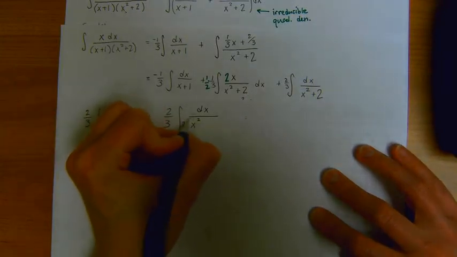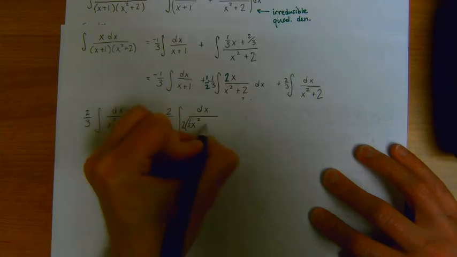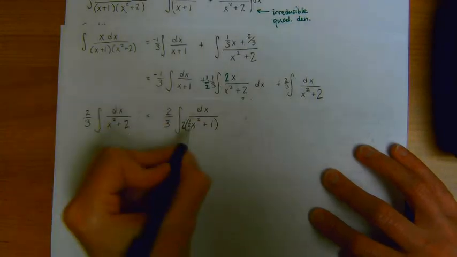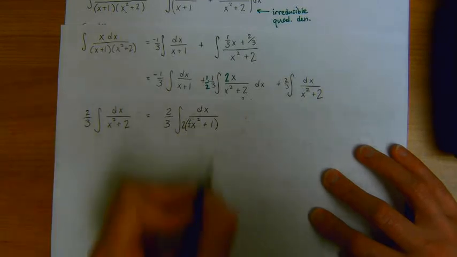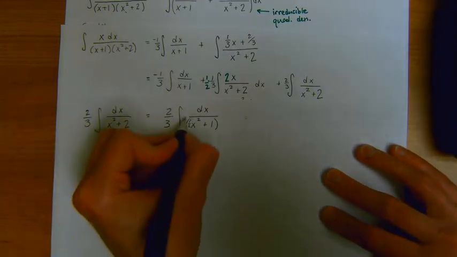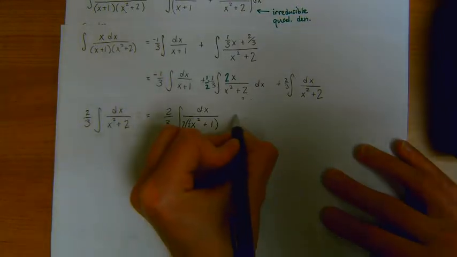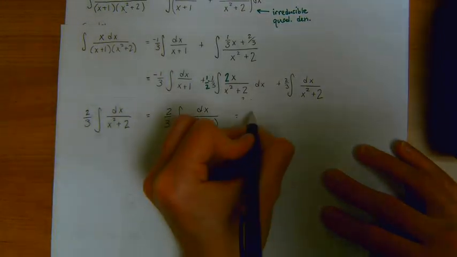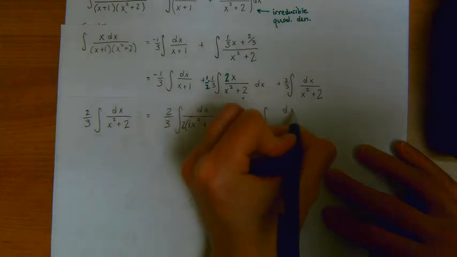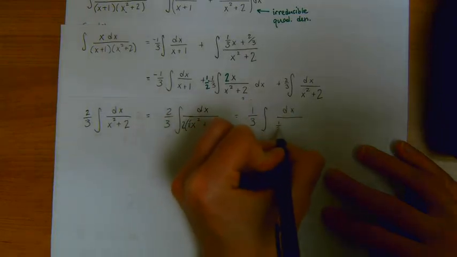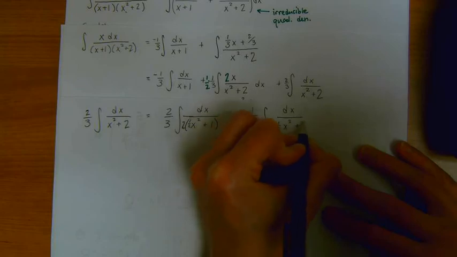So this is the same as 2 times 1/2 x squared plus 1, right? So I factored out a 2 from this x squared to make it 1/2 x squared plus 1. So throwing that 2 out front, this actually just becomes 1/3 times the integral of 1/2 x squared plus 1.